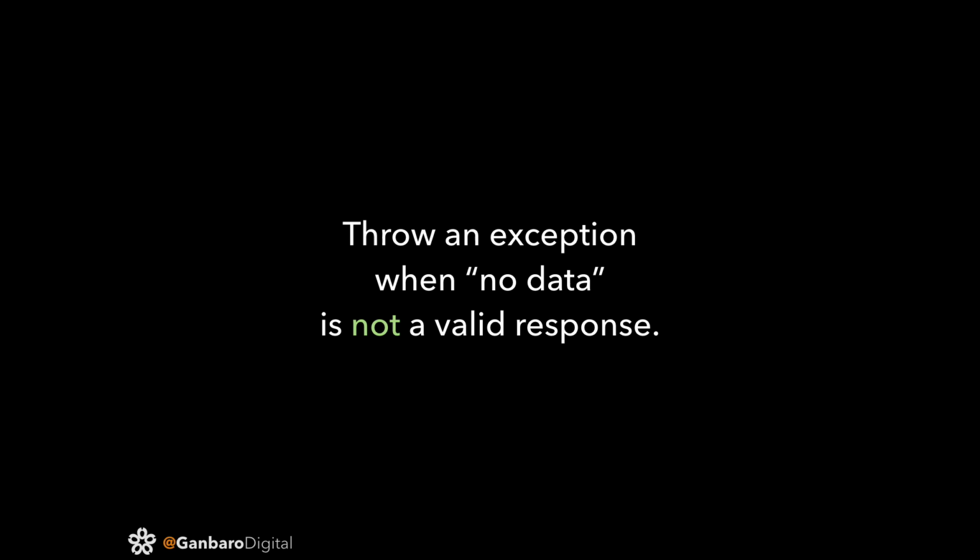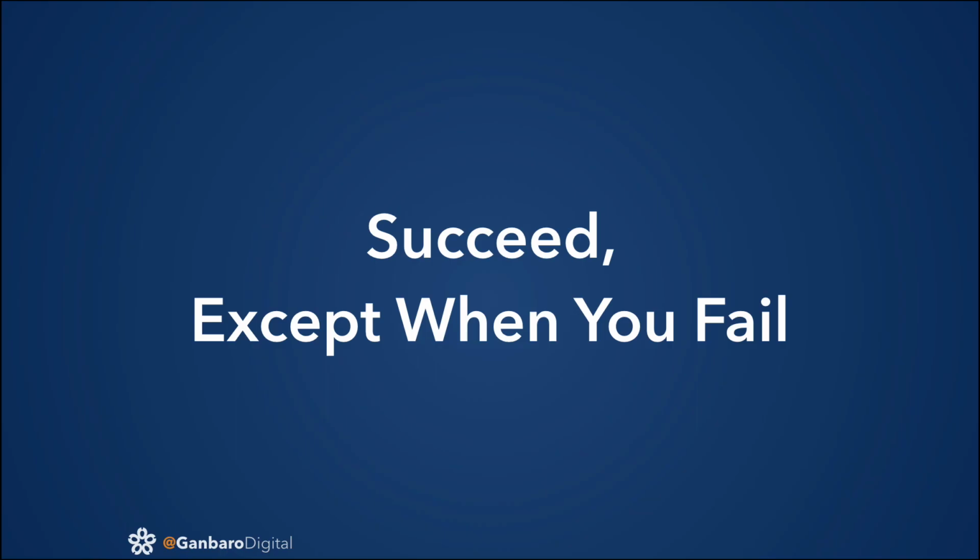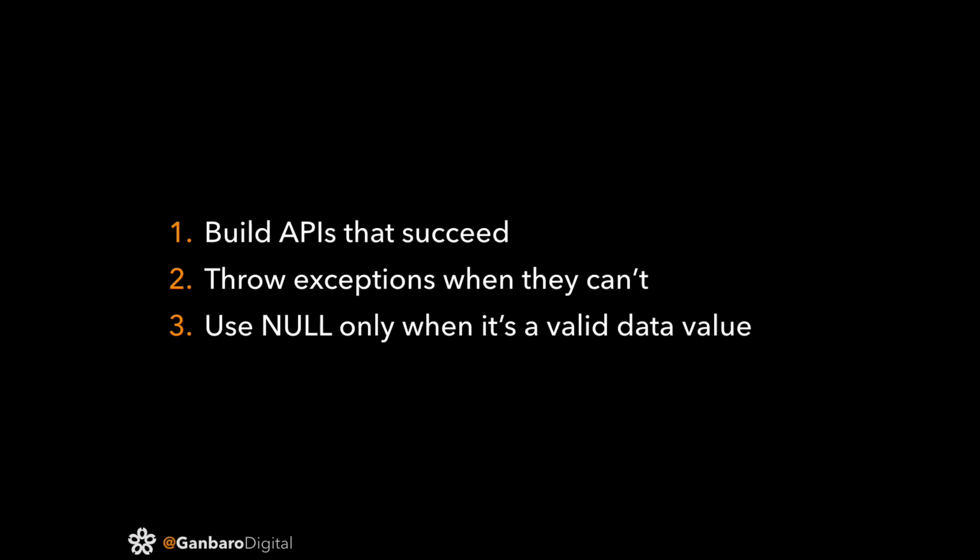So this is pattern number 1, and I call it succeed except when you fail. That's what I call it. I'm not witty, so it just sort of came out as I was putting the slides together. And it's got 3 key points. You build APIs that succeed, so people don't have to check return values for success or not.